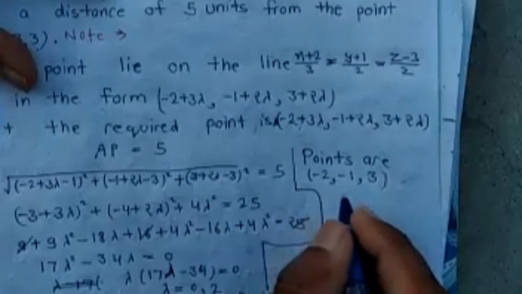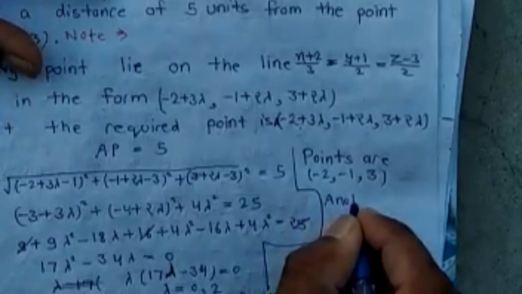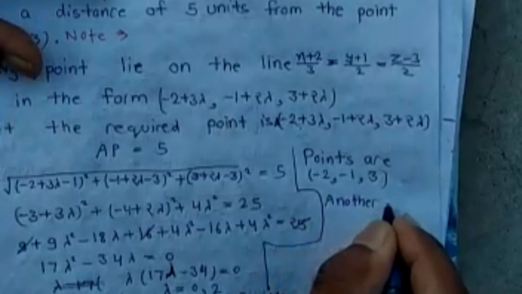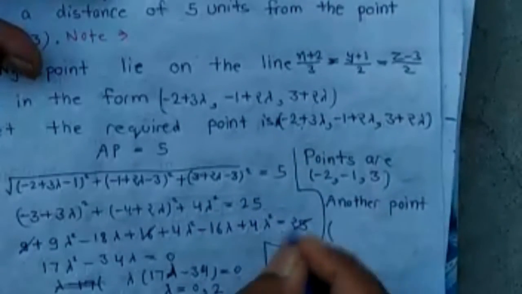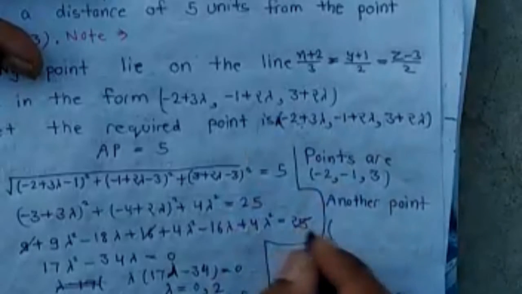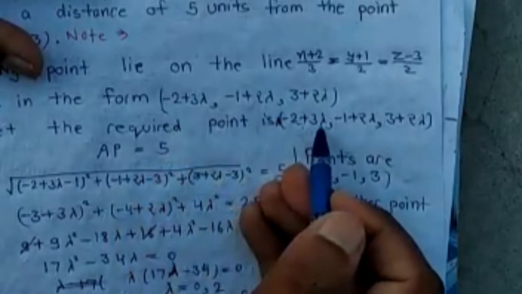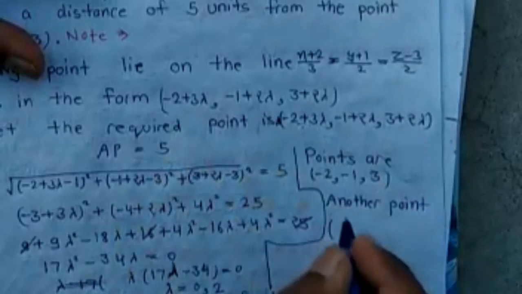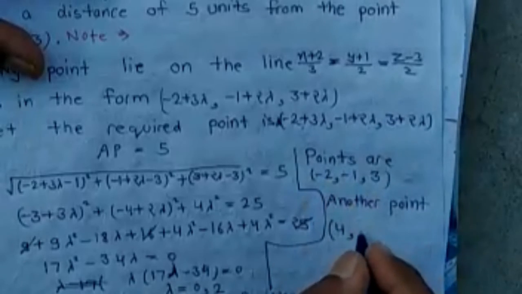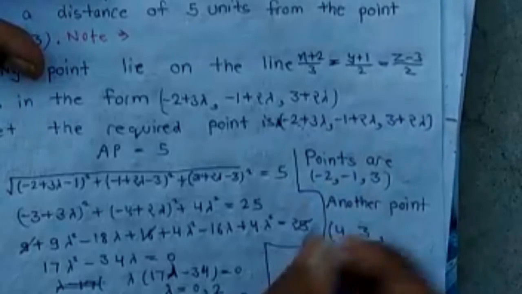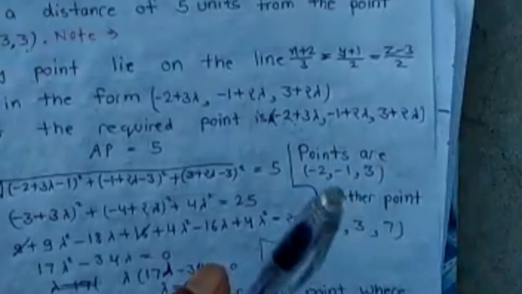For the other point, we put lambda equal 2, which gives 6 minus 2, which is 4; 4 minus 1, which is 3; and 3 plus 4, which is 7. And this is the required point.